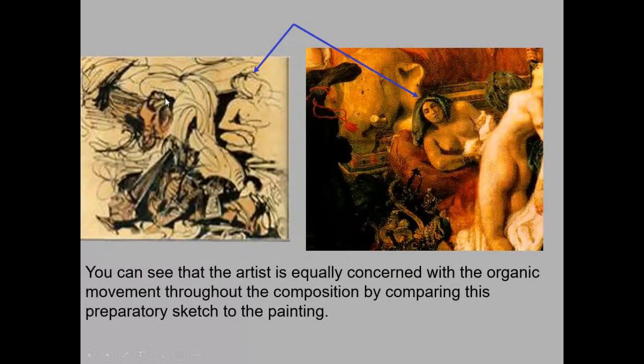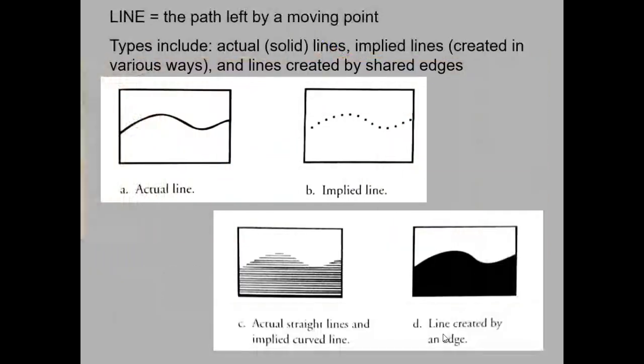You can even see there's the elephant head that is the post at the end of the bed. So clearly, he's figuring out where he's going to place these things by doing a very loose compositional gestural sketch. And when we look at that gesture sketch, you can see that what he's doing absolutely is dependent on the use of curved lines to create the tension and the drama that he wants to create.